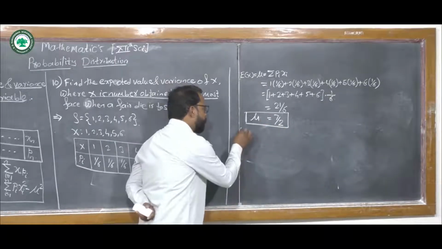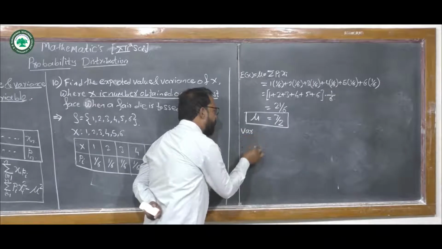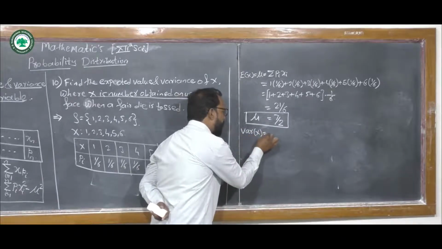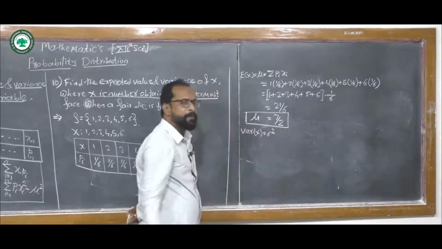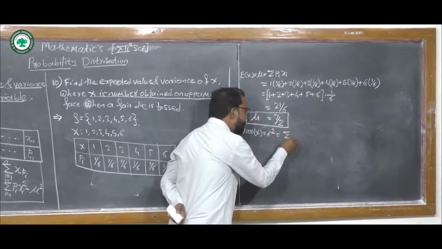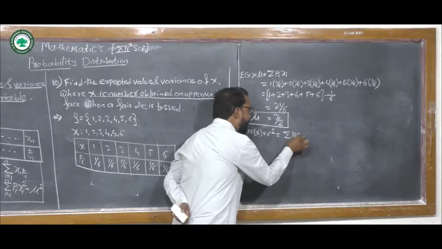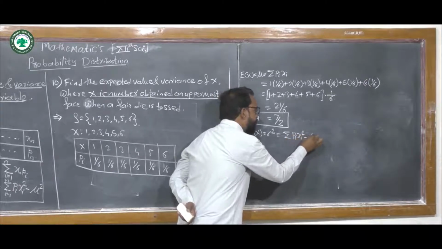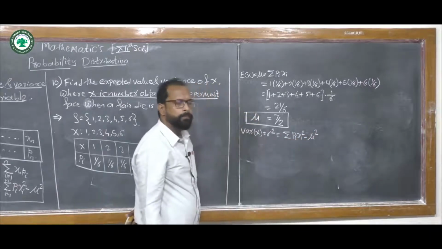Now, to find the variance, we know that the formula for variance, which is denoted by sigma square, equals summation pi xi square minus mu square.